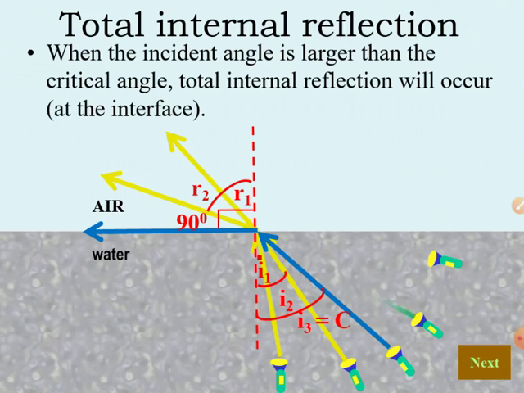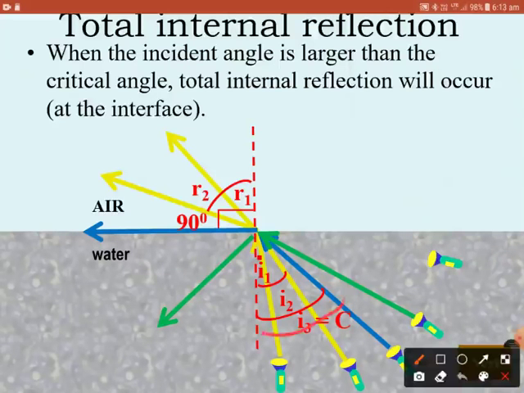Let's see the path. Try to observe this green ray. The angle of incidence is very much greater than the critical angle. Why? Because this angle of incidence, which you can take as I4, is greater than the critical angle, right?